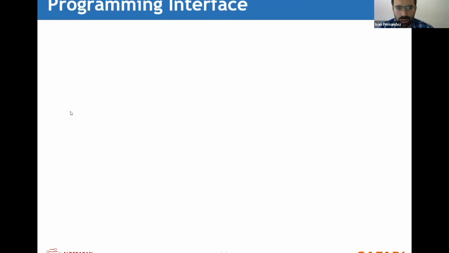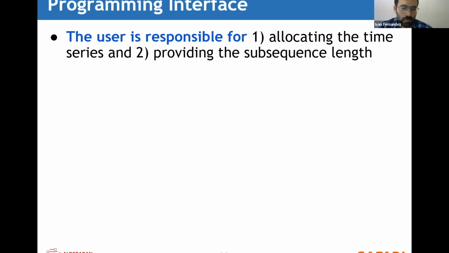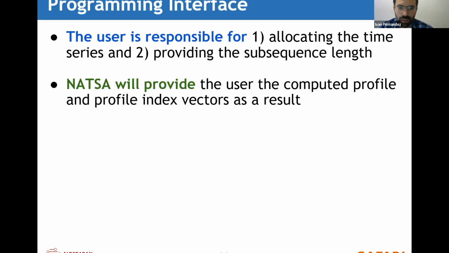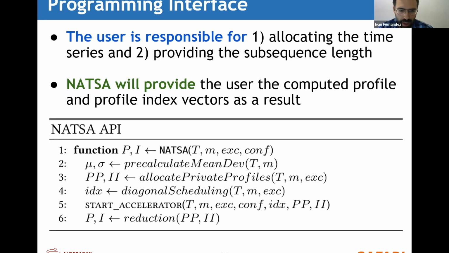Next thing to take into consideration is providing a programming interface to the user. So basically, the user is responsible for allocating the time series and also providing the subsequence length. Then NATSA will provide the user the computed profile and profile index vectors as a result. Here you can see what the NATSA API looks like.